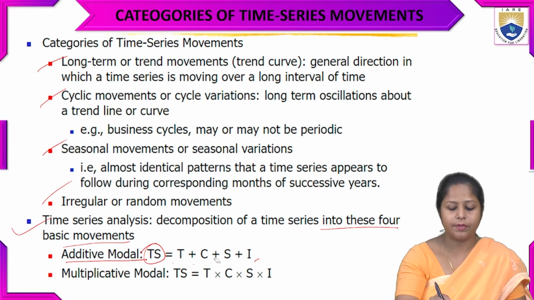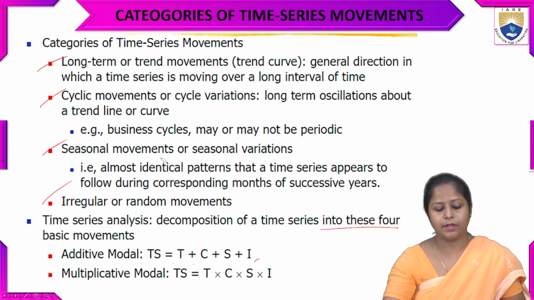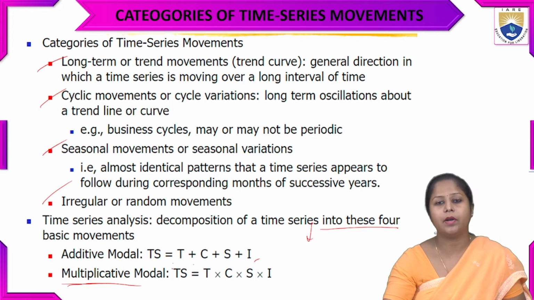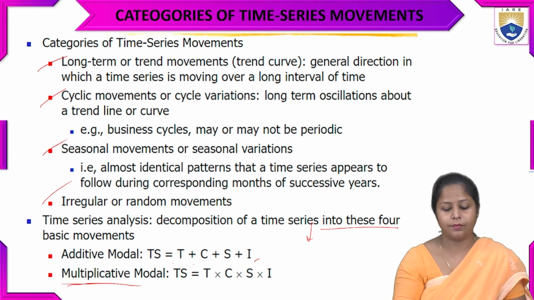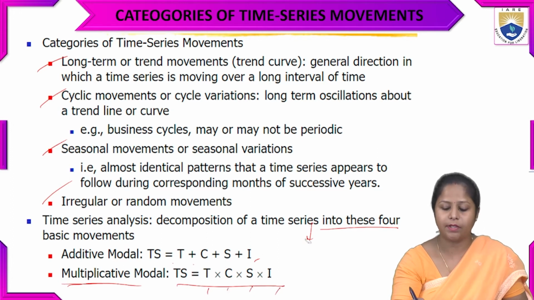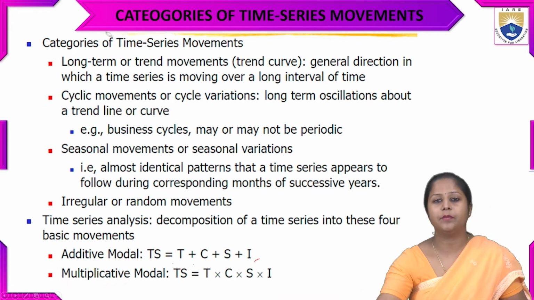Like this, we have to calculate the time series. For the multiplicative model, the formula is TS equals T times C times S times I. Like that, we calculate the time series from the formula. So this is the analysis of time series data.